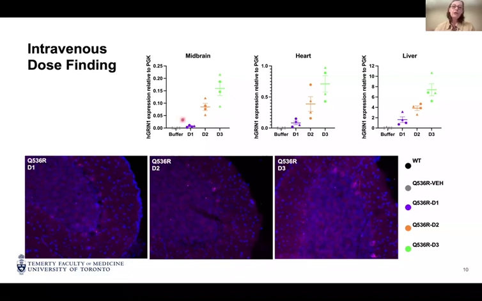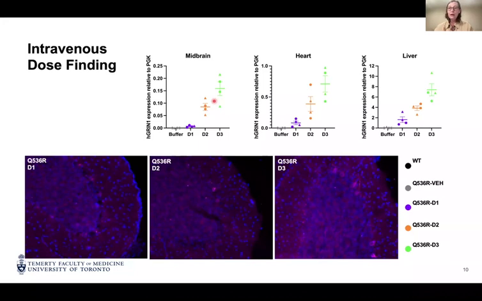So here, this is looking at the amount of cargo that's being expressed, looking at 3 different doses in the brain, in the heart, and in the liver. So there's a lot that gets into the liver, there's a lot that gets into the heart, and there's a lot less that gets into the brain.